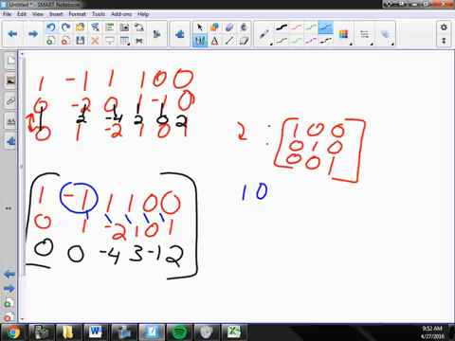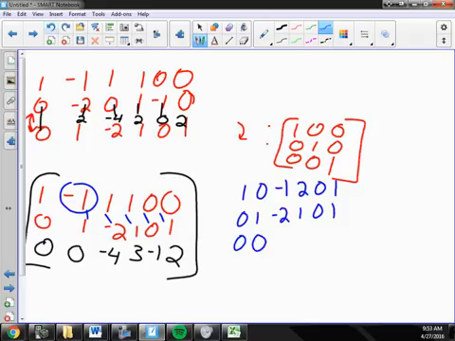So 1, 0, that would be negative 1, 2, 0, 1. 0, 1, negative 2, 1, 0, 1. So this is 0, 0.